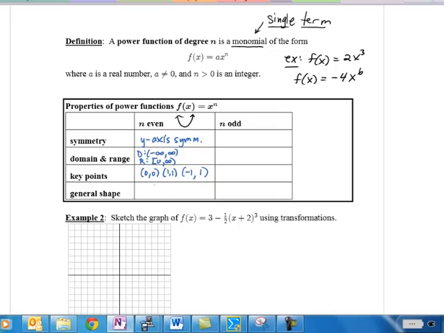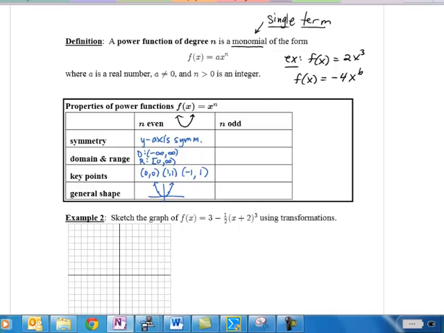So the general shape is going to be like a parabola. The higher the exponent, the steeper the graph is going to be when we're outside of 1 or negative 1, and the flatter the graph will look between negative 1 and 1.